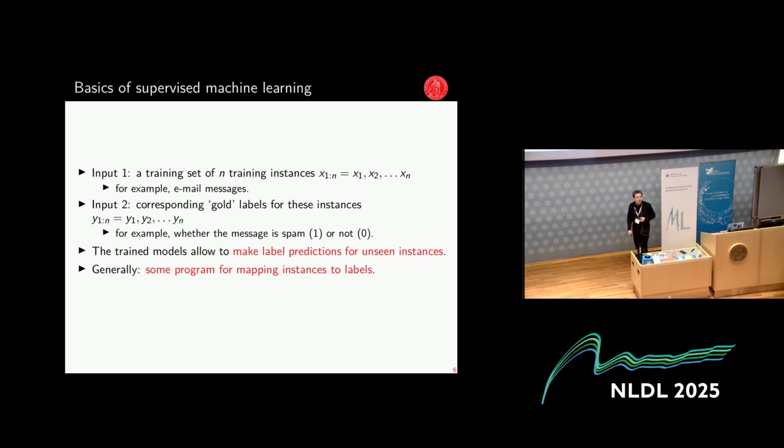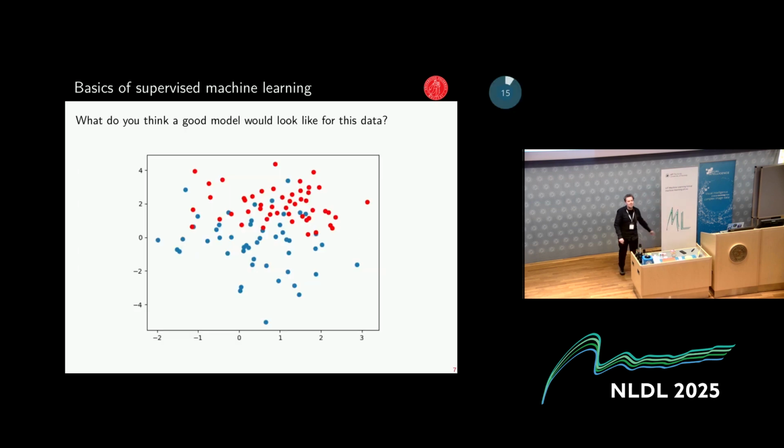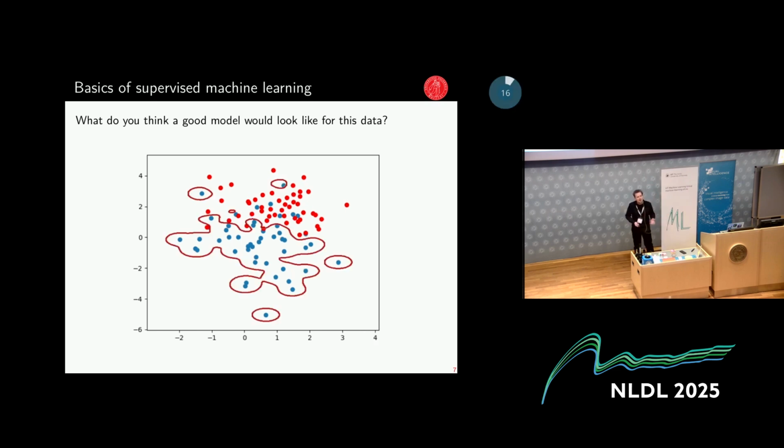Right? So we need some program, basically, to map instances to labels. Right? So we can design lots of models with lots of different assumptions in mind. So if we have a data set like this, where you see that the instances belonging to the blue class and to the red class are sort of interspersed with each other, right? And then we can devise a model with a decision boundary like this.